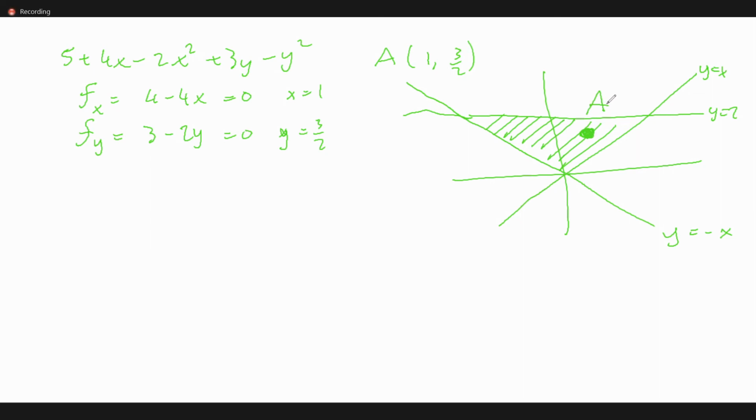Now we need to determine if there are any other critical points on the boundaries of our region. So along the line y equals 2, or along the lines y equals x and y equals -x. So let's study first boundary 1.